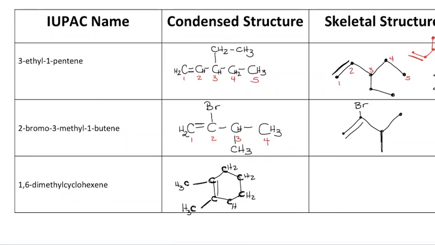H2, H2, those are the only ones that get hydrogens, okay? The skeletal structure of this is this molecule, okay? Now, I want to bring up something about this problem, okay?